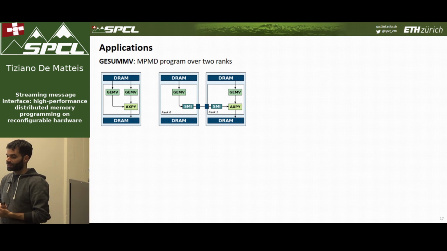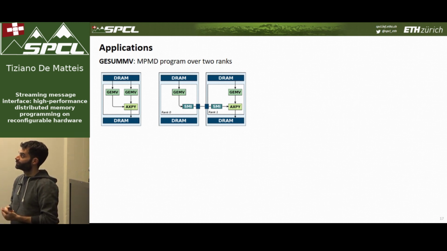So we evaluated SMI also on a couple of applications. The first one is a multiple program, multiple data application, which implements GESUMMV, which is a PolyBench kernel. On the left side, it's reported the single chip implementation, in which we have the 2 GEMV that compete for the DRAM bandwidth, and then we have the vector addition to produce the final result.